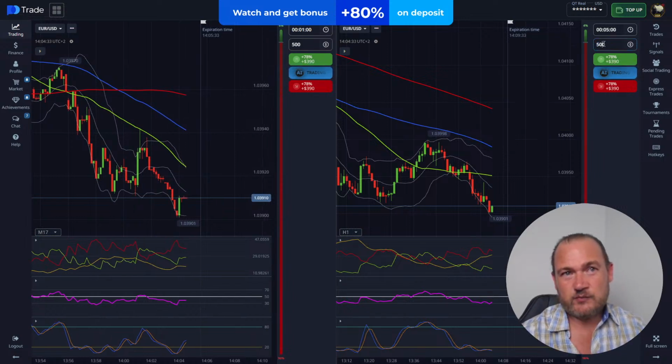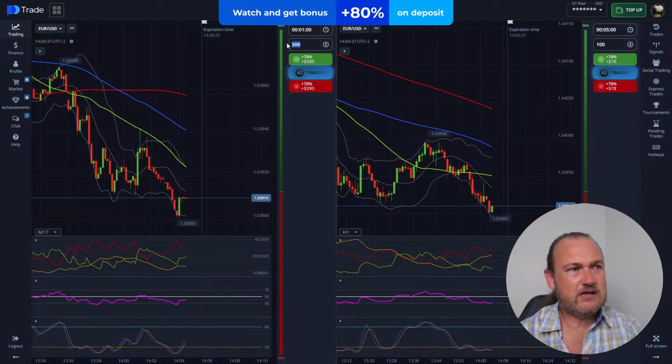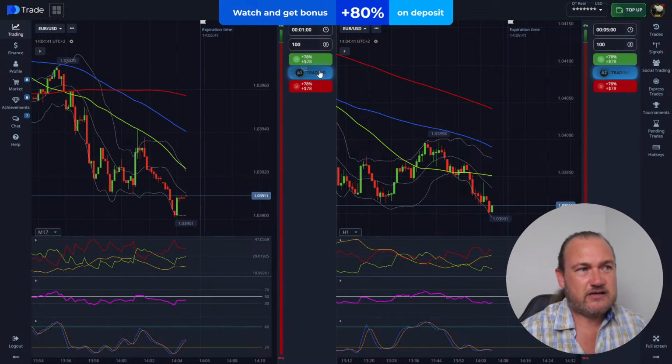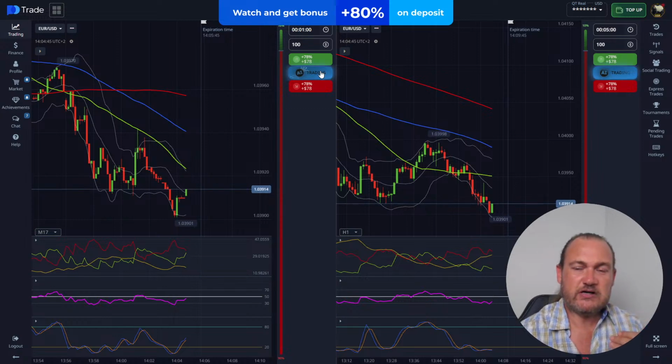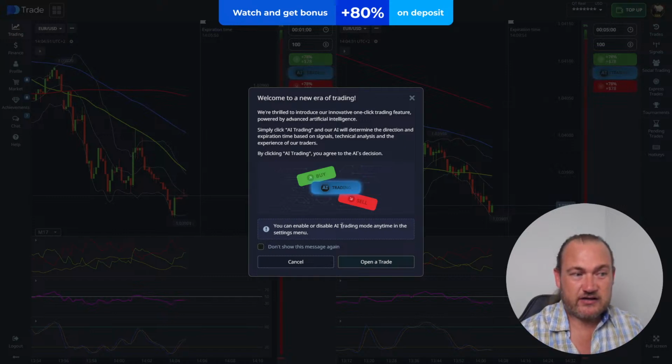So for the purpose of the demonstration, I'm going to lower my trade size a bit more than we normally do. You will also notice when I click on trading now, it's going to ask me to enable AI trading mode. Simple click. And if I select do not show this message again, this will not come up.